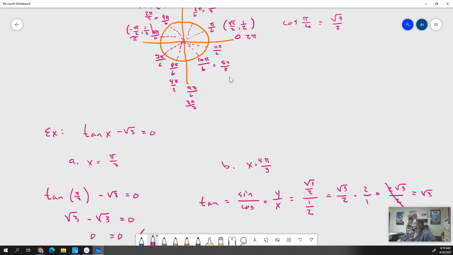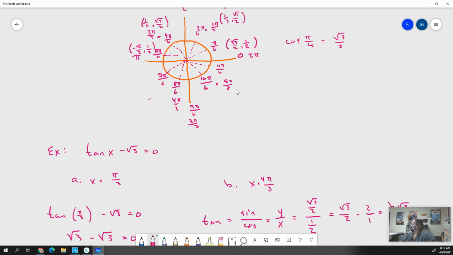We're still going to have 1/2 and radical 3 over 2, the difference is they're both going to be negative, right? Because everything in this quadrant is negative. Our x is negative and our y is negative there. Do you kind of see that?